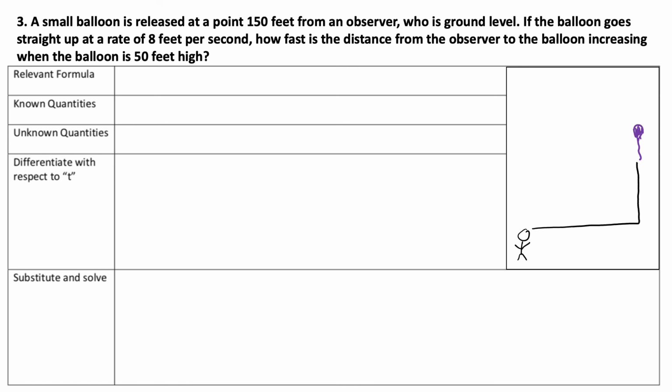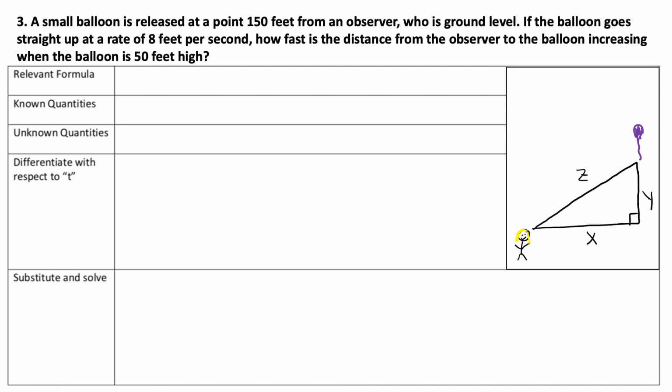And we're looking at the distance between the observer and the balloon, which is that diagonal, and once again, surprise, surprise, a right triangle. I'm going to go ahead and label my sides as I always would: my horizontal as x, my vertical as y, and my diagonal as z.